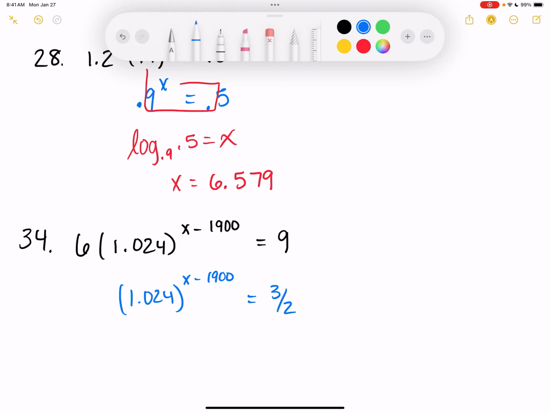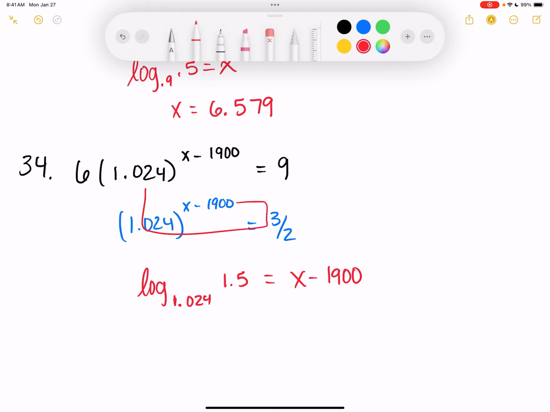Now, I can do the L here because there's nothing else in front. But what it's equal to is this entire piece that's in the exponent. So it's going to be log base 1.024 of, I'm going to write that as 1.5 just for the ease of typing it in, equals x minus 1900.